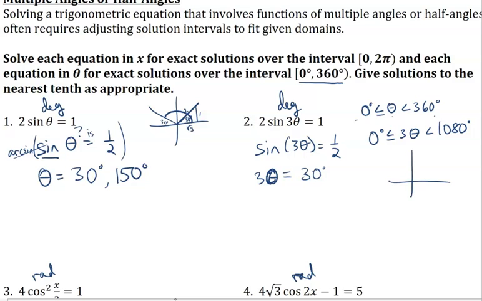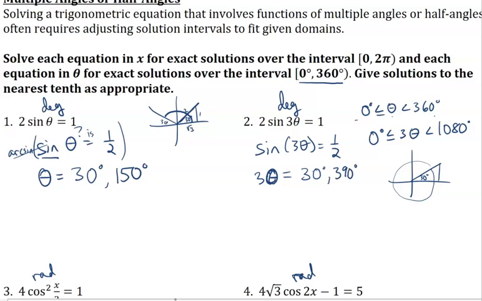Let's sketch a little triangle here. So 30 degrees here. We also know, and I'm going to come back to quadrant 2 in a minute, that I could go all the way around and say, what if 3 theta is 390 degrees?